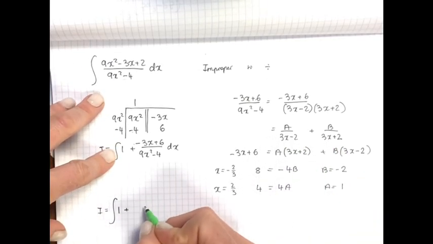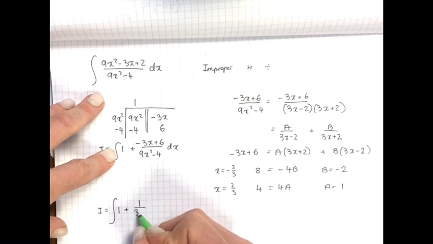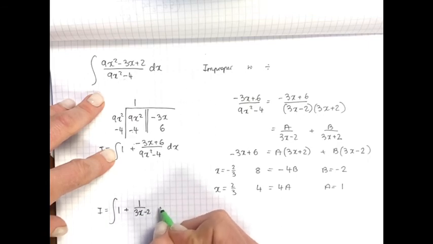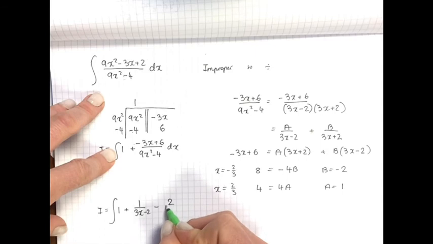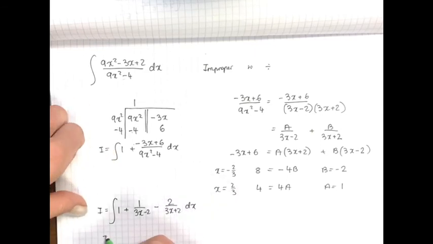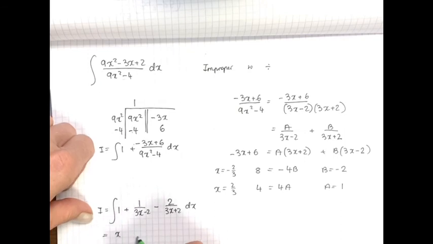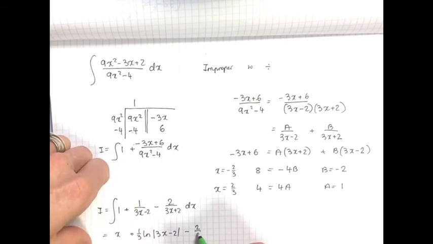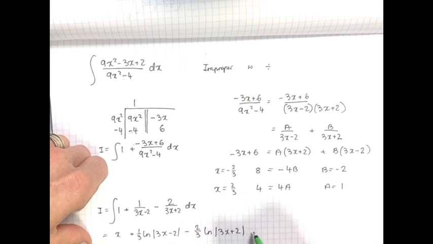So a is equal to 1, and b is equal to minus 2, so put minus 2 over 3x plus 2. And now integrating this. So 1 goes to x, this one goes to 1/3 of ln 3x minus 2, and this one goes to minus 2, because 2 on the top divided by 3, so 2/3 ln of 3x plus 2 plus c.